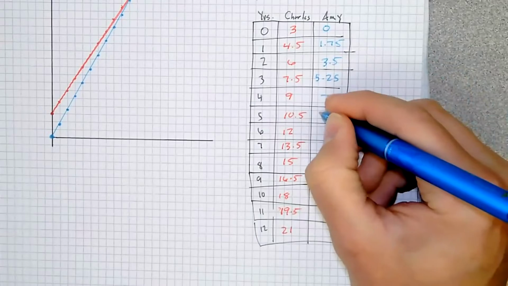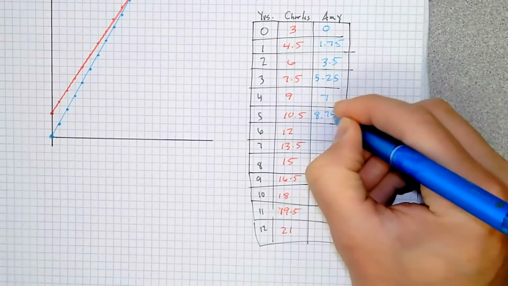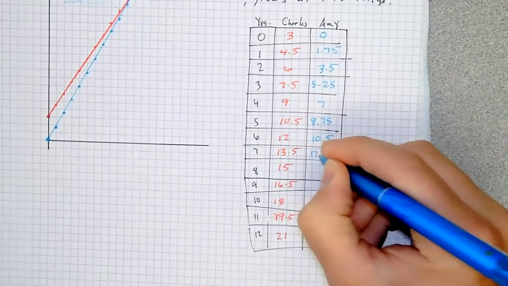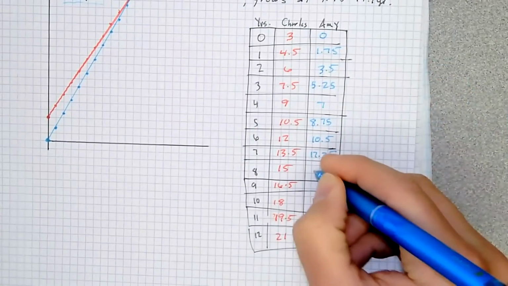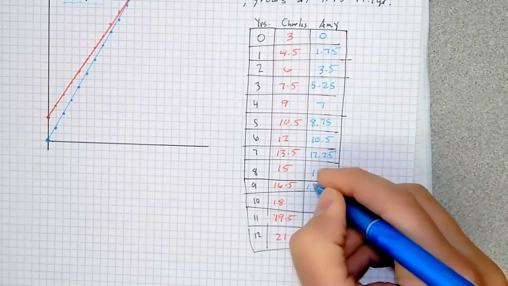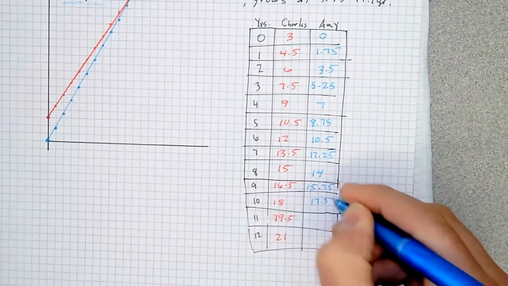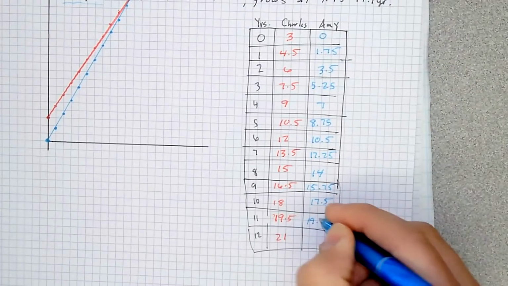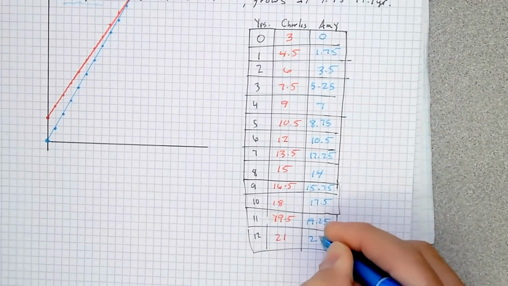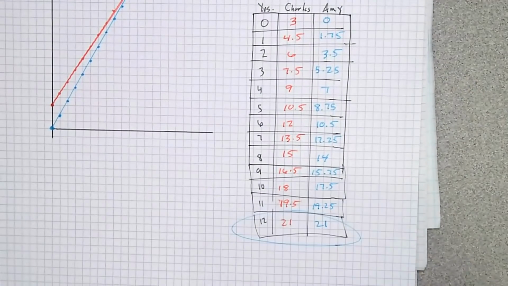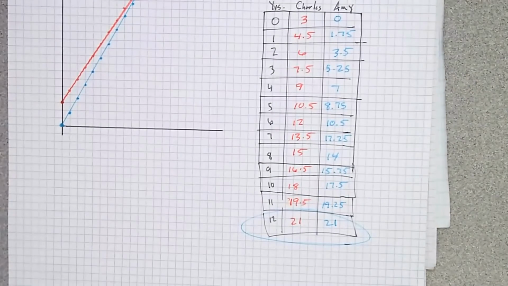We get 7, 8.75, 10.5, 12.25, 14, 15.75, 17.5, 19.25, or finally landing on 21. So we know in year 12, okay, that's where they ended up being the same height.